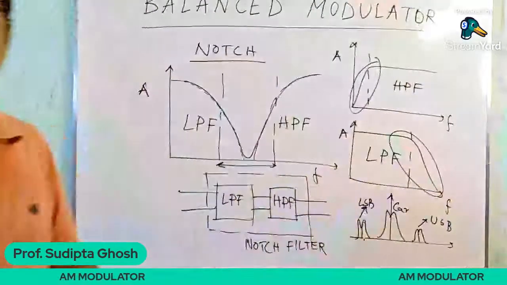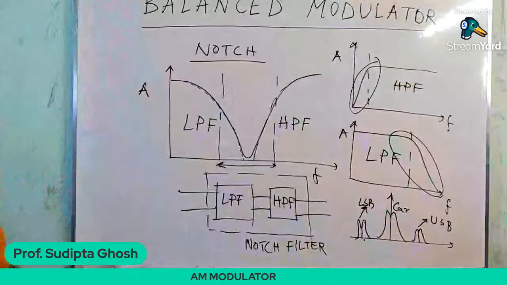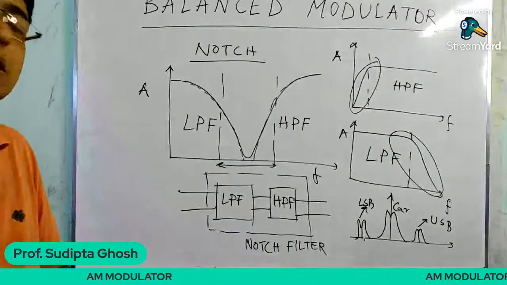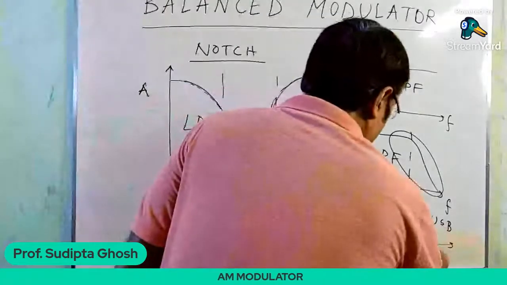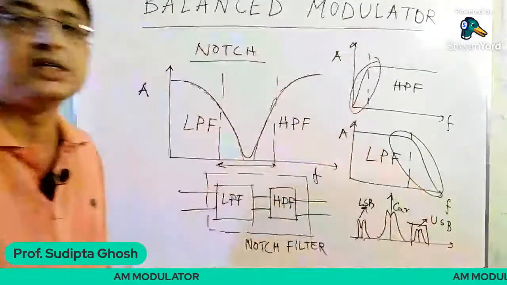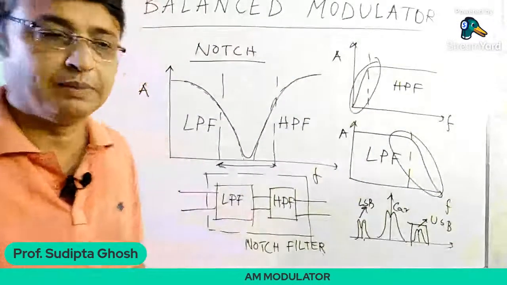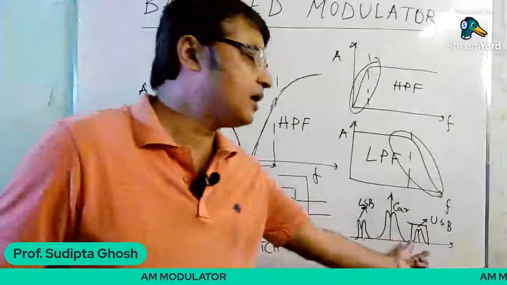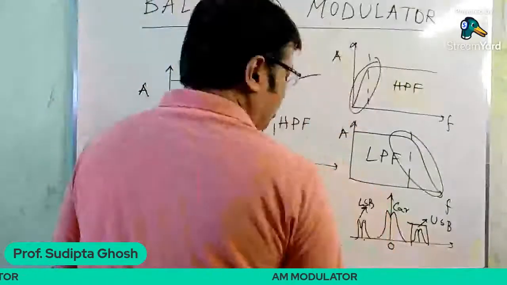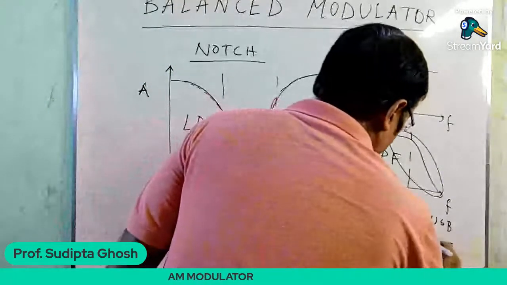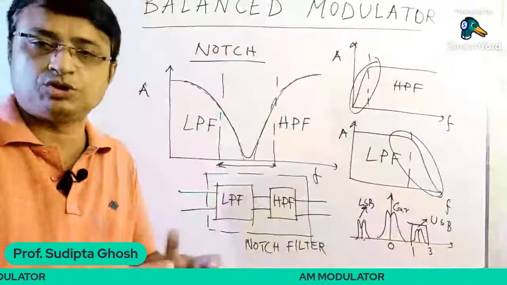Now if we want to generate a single sideband, you have to select either of these two sidebands, whether it is the upper sideband or the lower sideband. Now say this one is 0, this one is 1K, this one is 3K. So the bandwidth of the upper sideband is around 2 kilohertz.